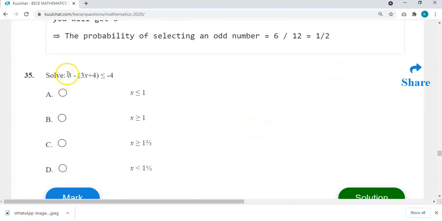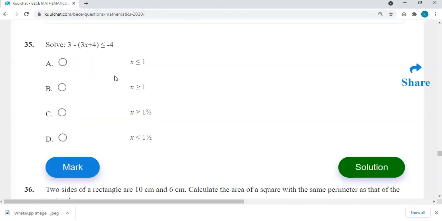Now solve 3 minus 3x plus 4 less than or equal to negative 4. Okay, so here, remember, if there is a negative, there is a 1 here that we don't write outside the bracket.